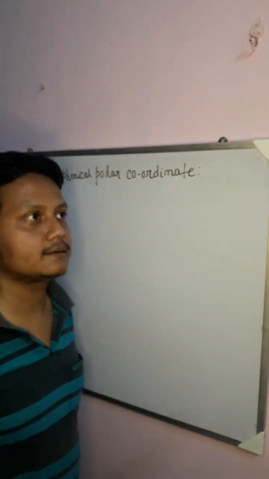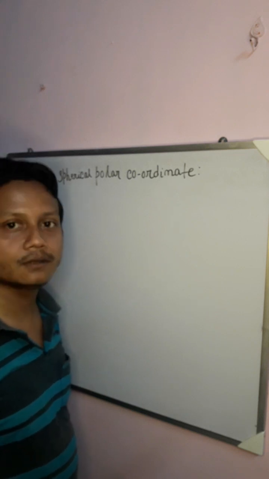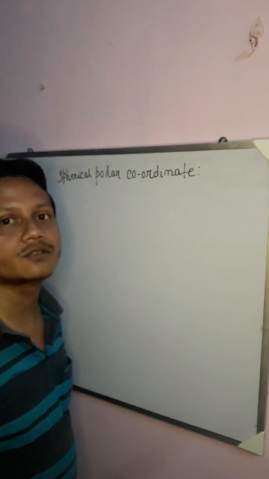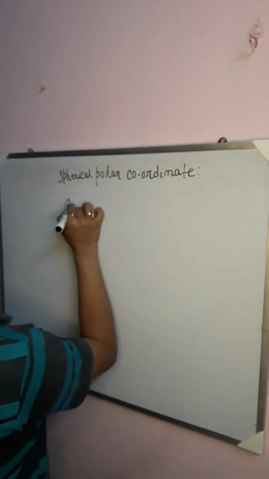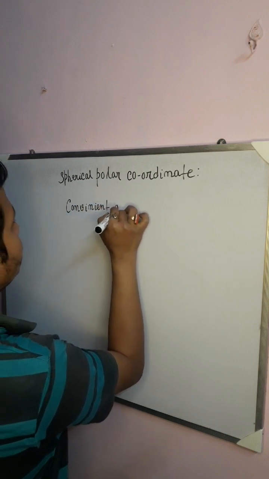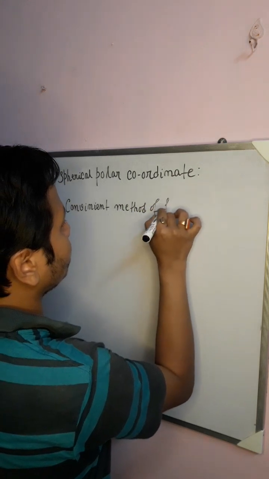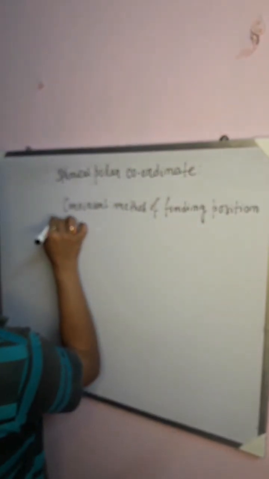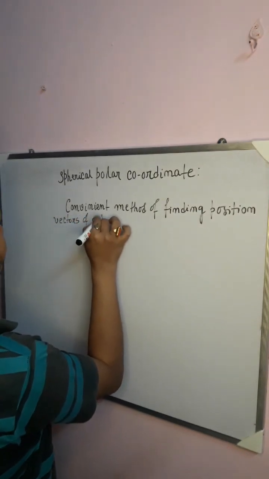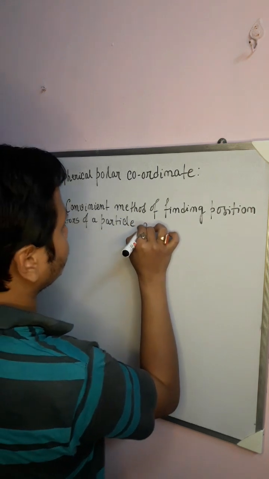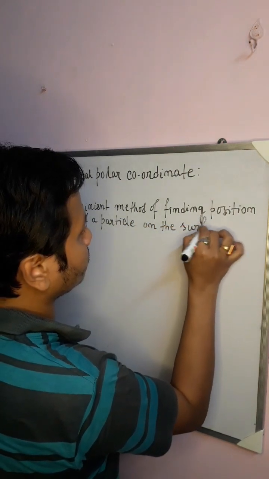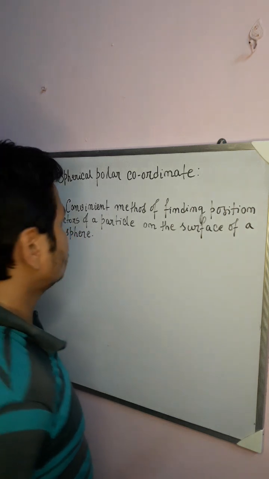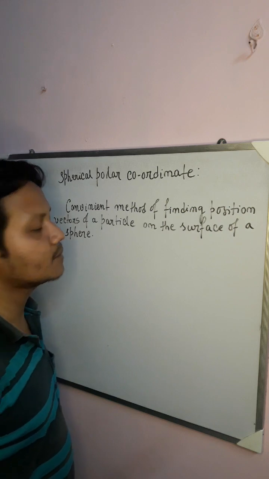One thing we must remember is that this is a very suitable and convenient method of finding the position vectors of a particle on the surface of a sphere.